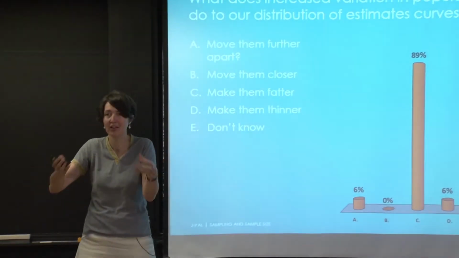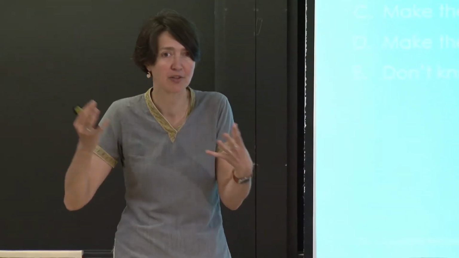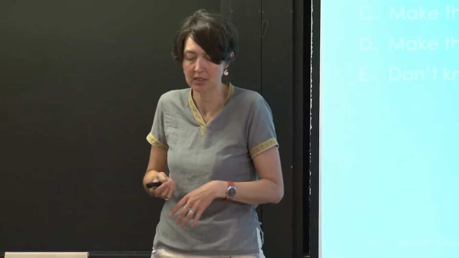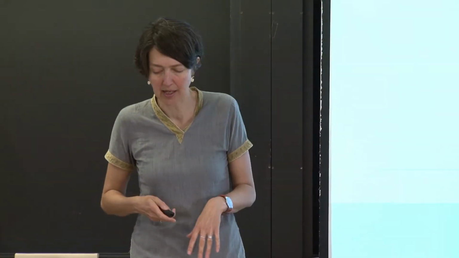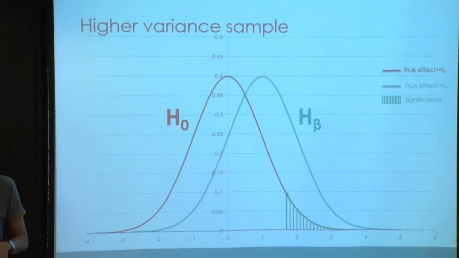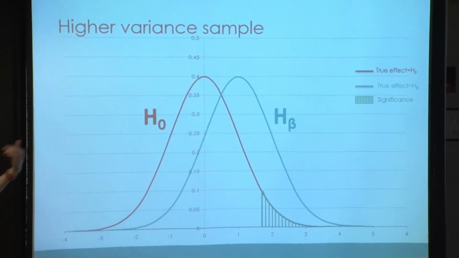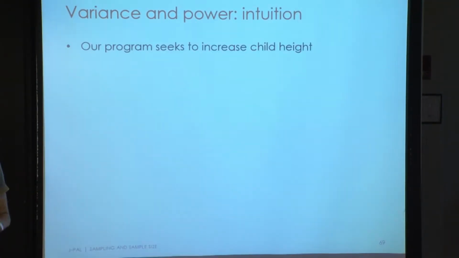You run the sampling another time, and you happen to get very different kids, and so you get a different estimate. And so there'll be fat, and we know that being fat is bad. Fat curves are bad for power. So with the low variance sample, we get lots of power. This is what it looks like with a high variance sample. Big fat curves that overlap a lot.